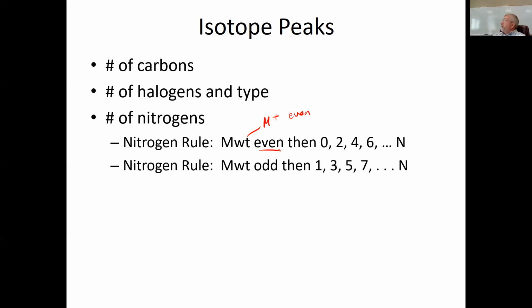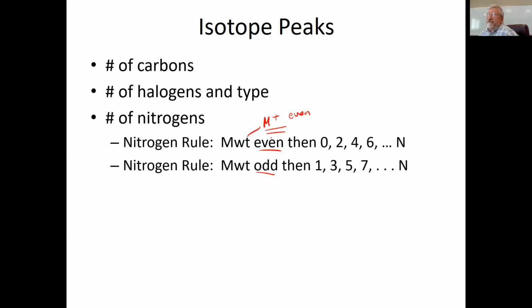Fluorines, you get an even number. But if you have nitrogen, then you have an odd number. So if you have an odd molecular weight, then it's going to be an odd number of nitrogens. That's for the M peak.